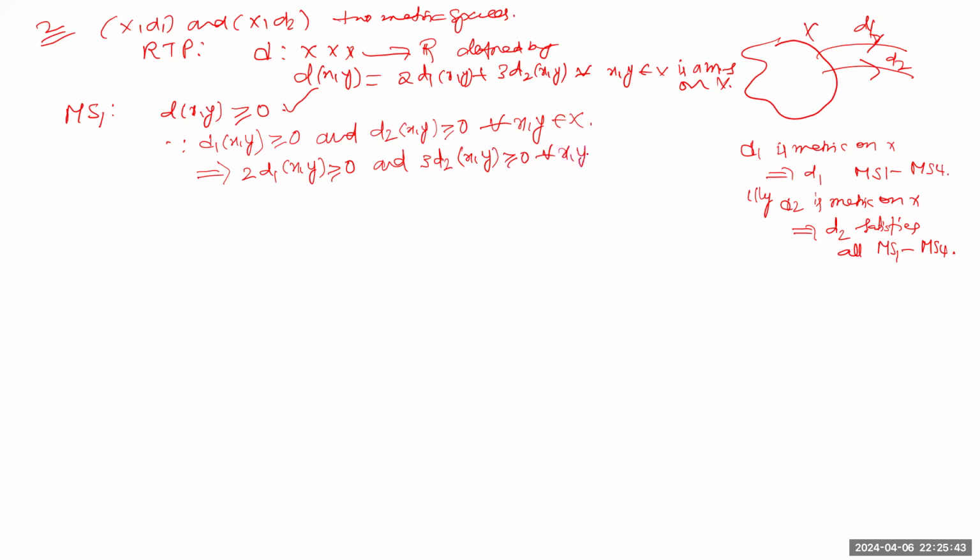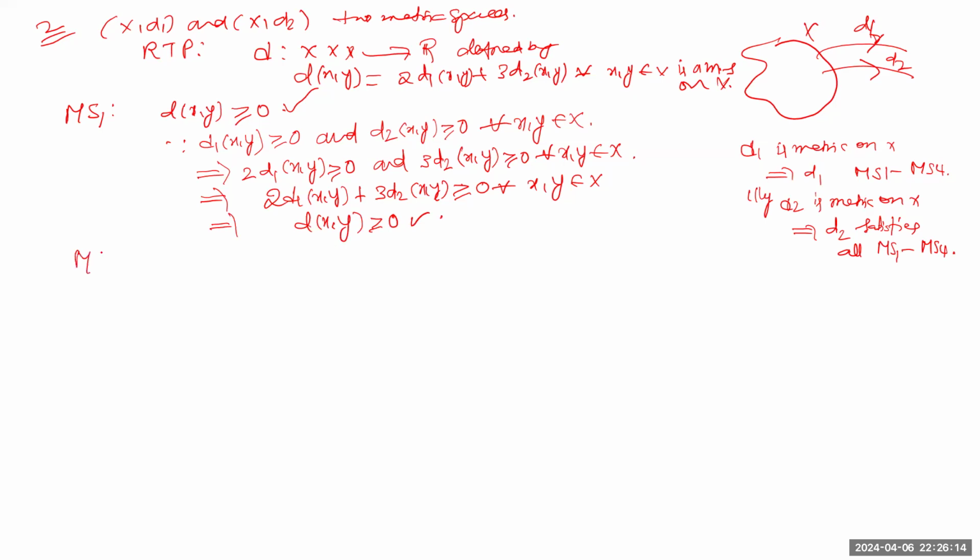Then their sum, 2d1 of x comma y plus 3d2 of x comma y, is again greater than or equal to 0 for all x comma y belongs to X. So that implies d of x comma y is greater than or equal to 0.